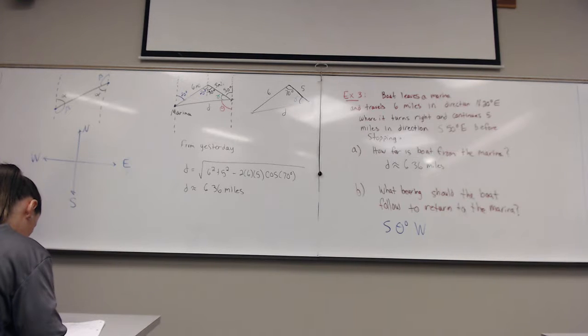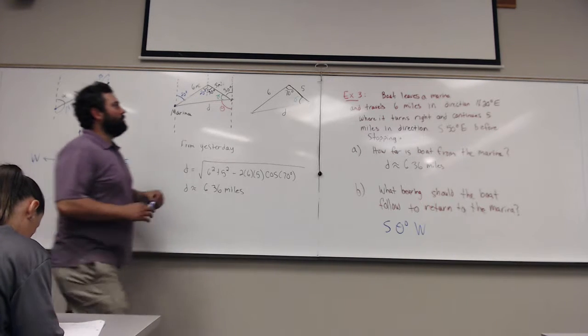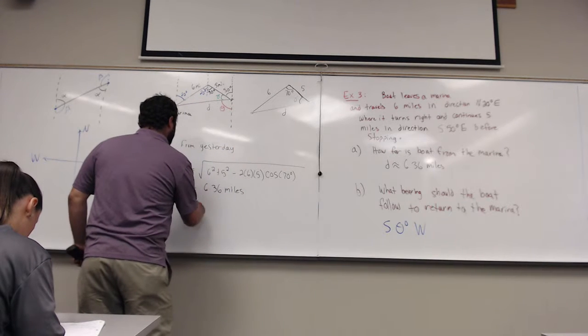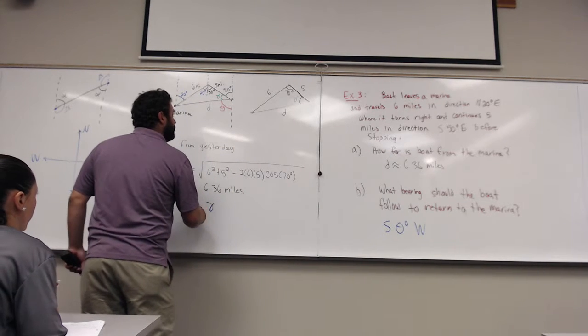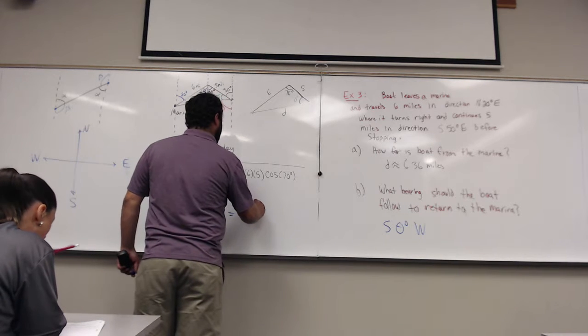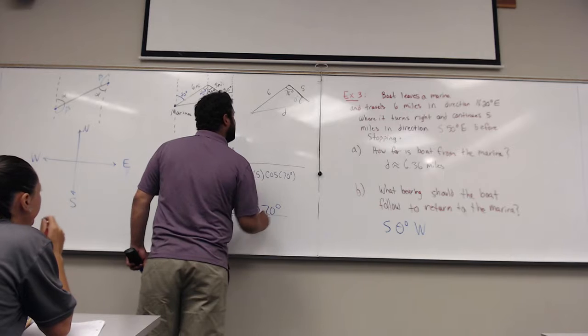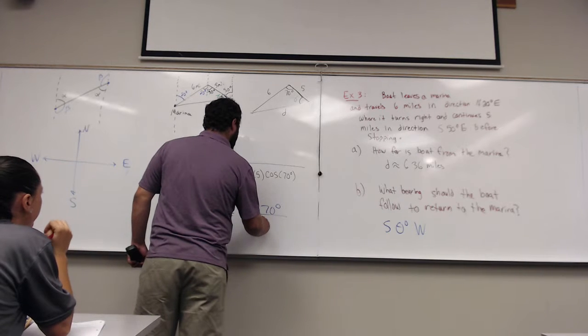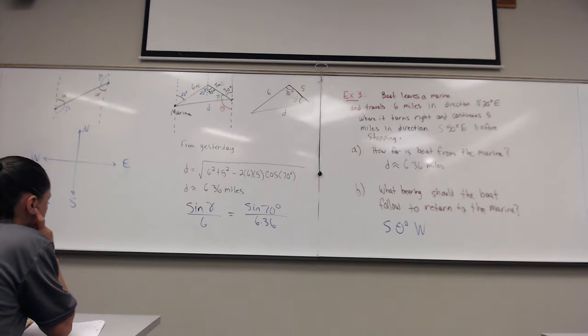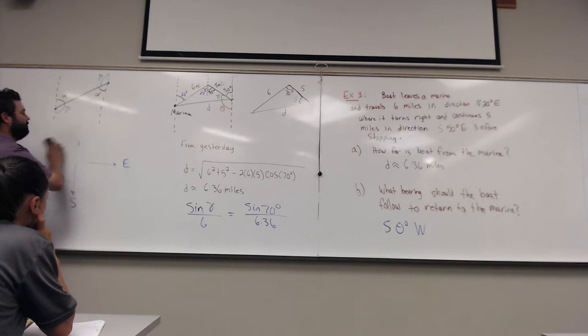Okay. All right, and then to find this gamma, we can use law of sines here. So now we know sine gamma over the length of its opposite side 6 is going to be sine of that 70 degree angle over its opposite side, which we approximated to 6.36 miles. Okay. Is it okay if I get rid of my north, west, east, south little thing here?